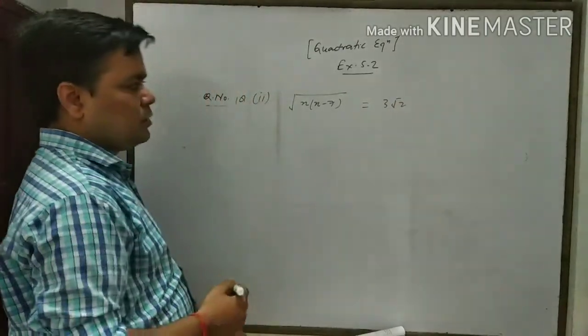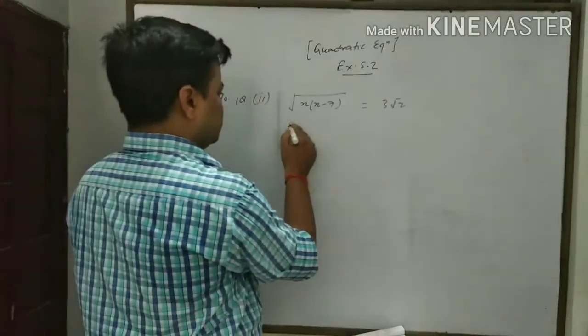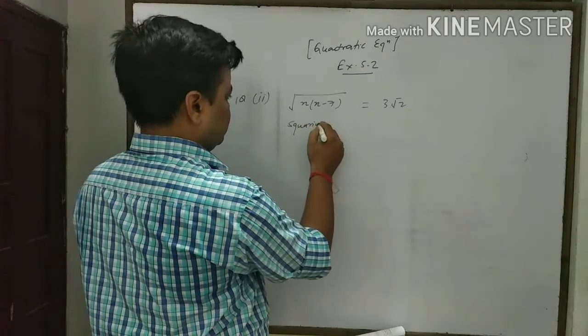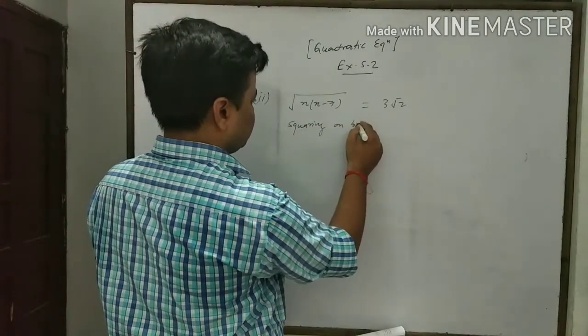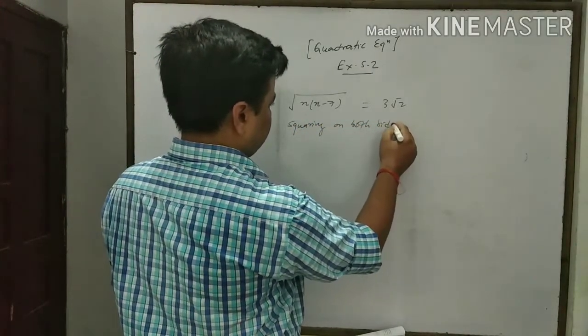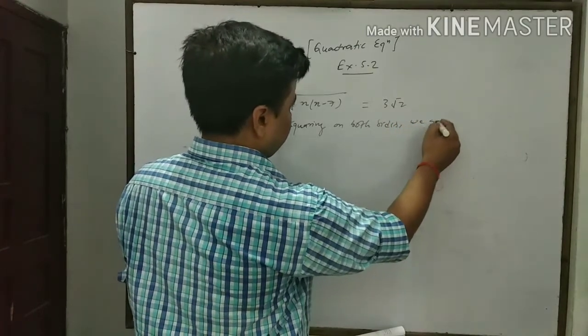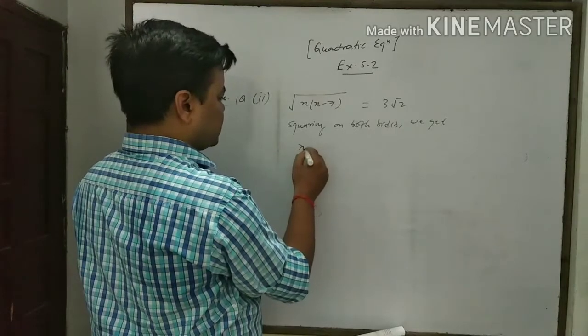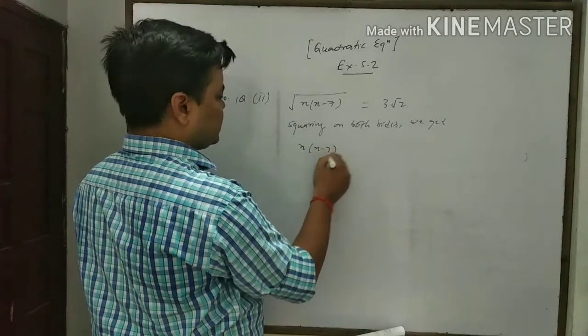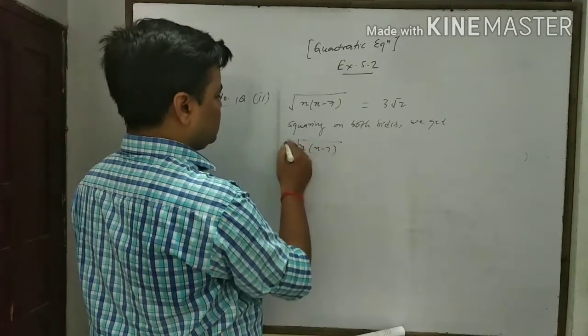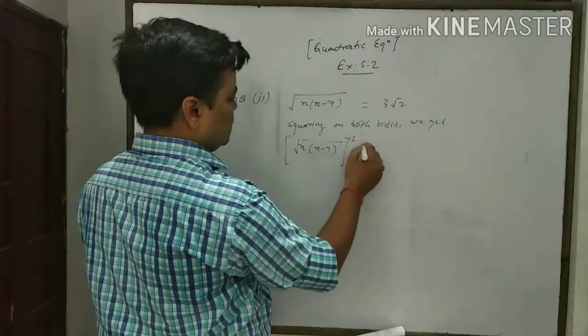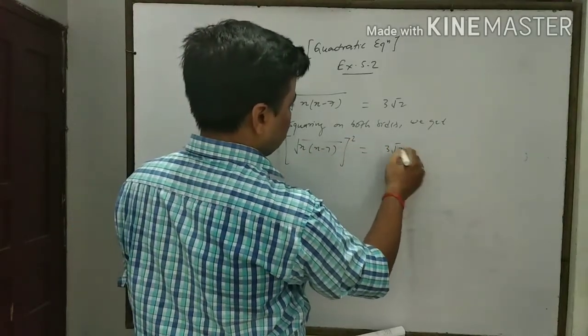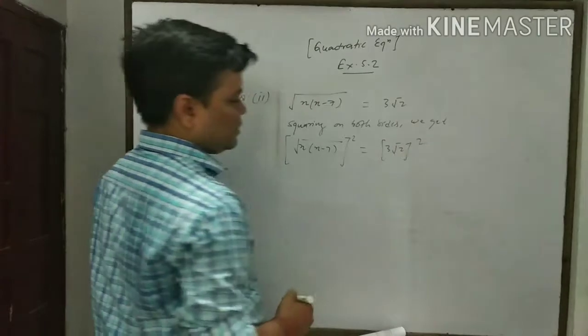This is the question. Now squaring on both sides. What do we get? Here it will be x into x minus 7 under root whole square is equal to 3 root 2 whole square.